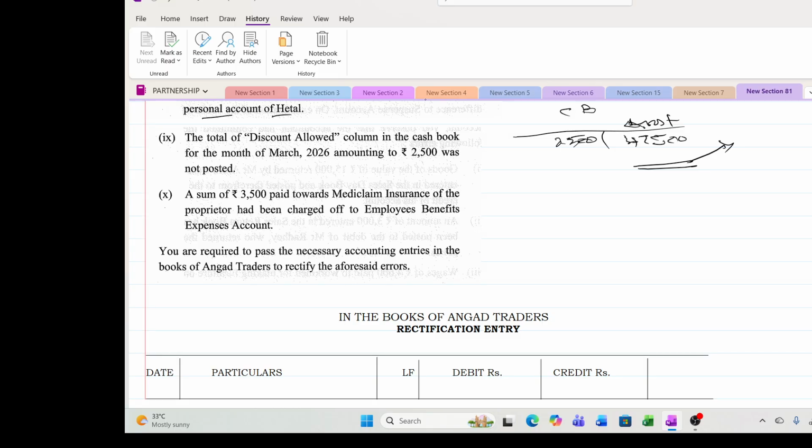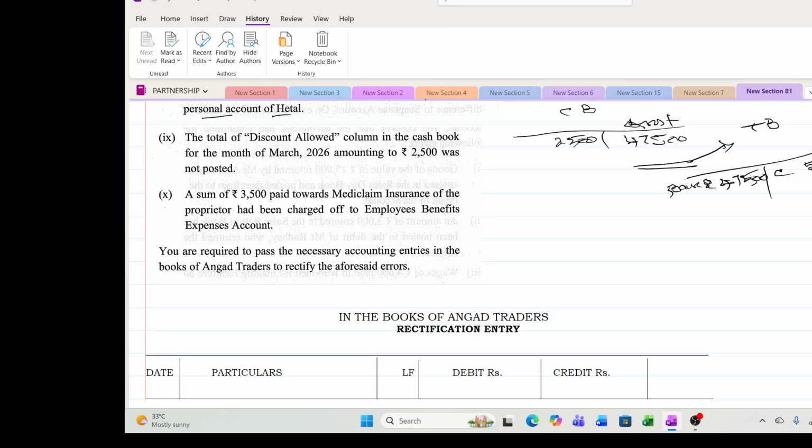Cash account will get debited or bank account will get debited, and the customer would have got credited with 50,000. See here. Customer will get credited with 50,000. But bank or cash account will appear with 47,500.